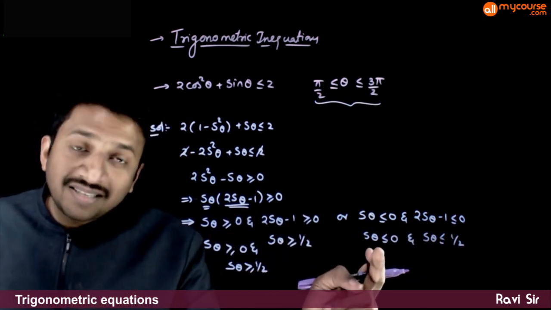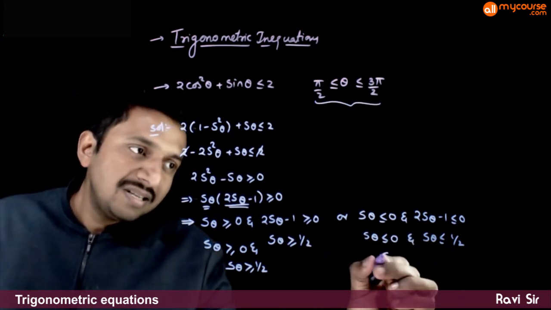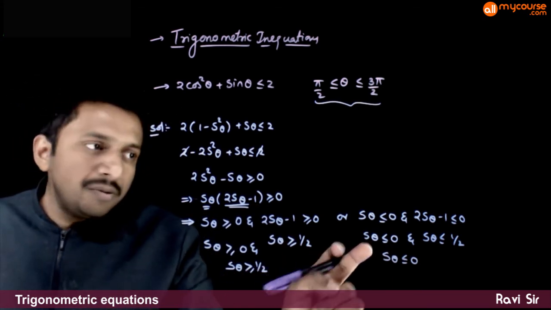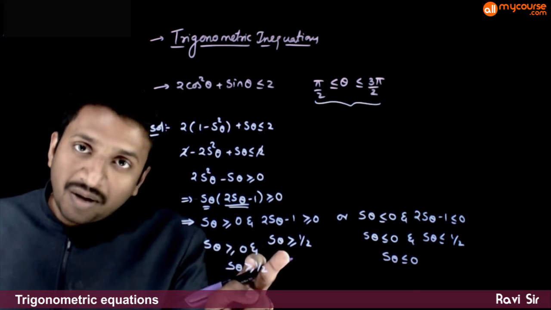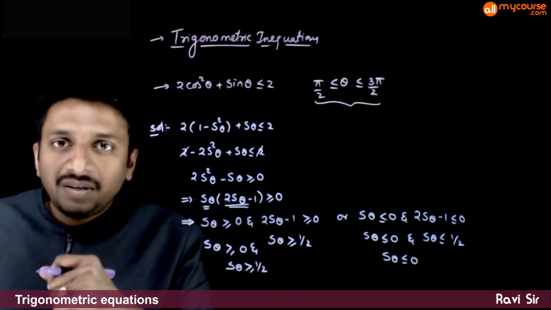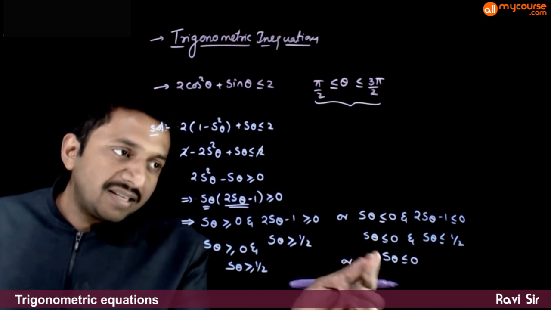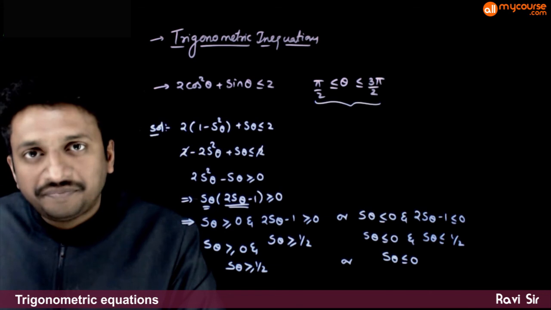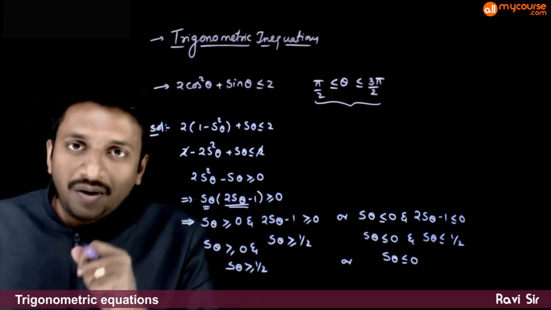What is the common solution for this? Sin theta is less than or equal to 0, right? If it is less than 0, it will automatically be less than or equal to half. If it is greater than or equal to half, it will automatically be greater than or equal to 0. So the solution is either sin theta less than or equal to 0 or sin theta greater than or equal to half.